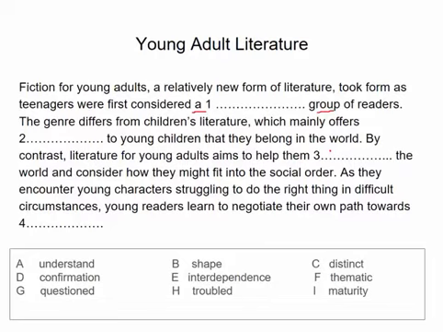Okay, so if I were trying to analyze this ahead of time, I would mark a little note here that I'm looking for a verb in this slot. And number 4 then, the last one, young readers learn to negotiate their own paths towards, well, towards is a preposition, towards something. We're looking for another noun for number 4, okay?